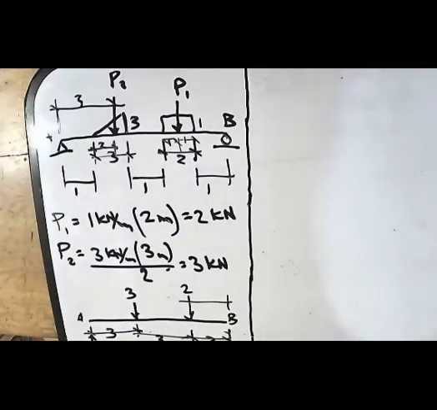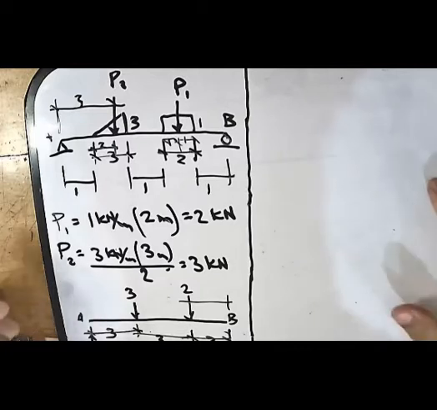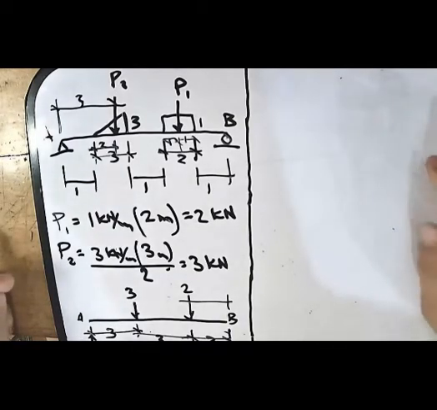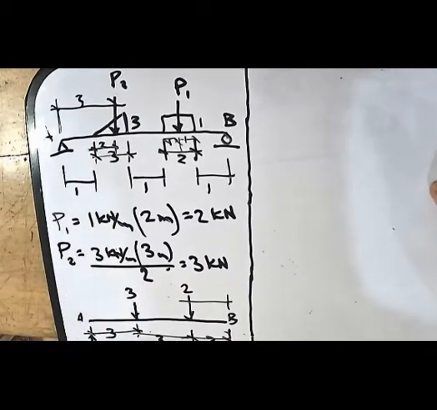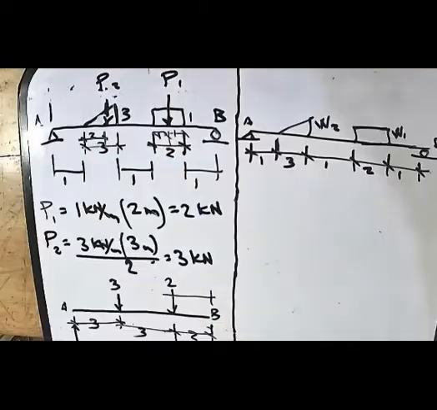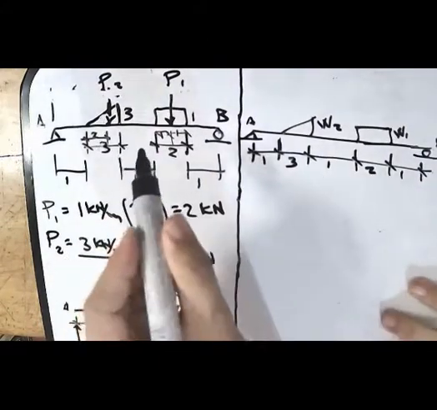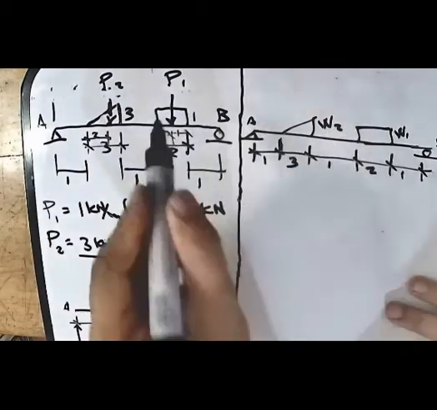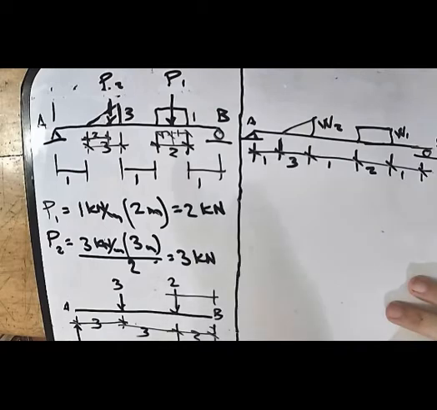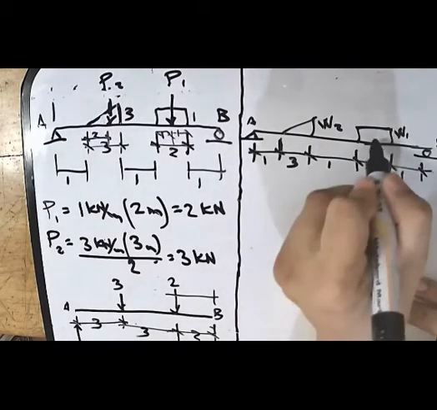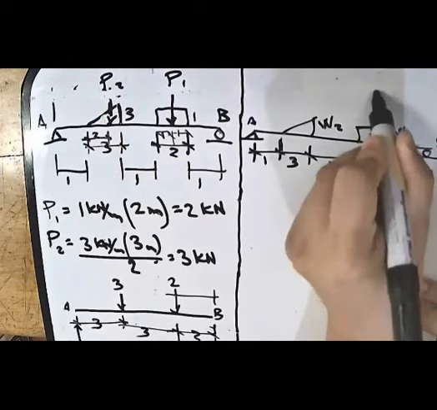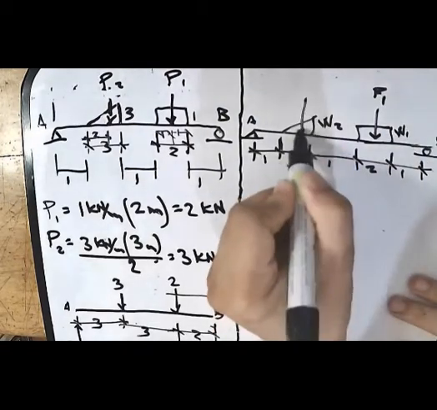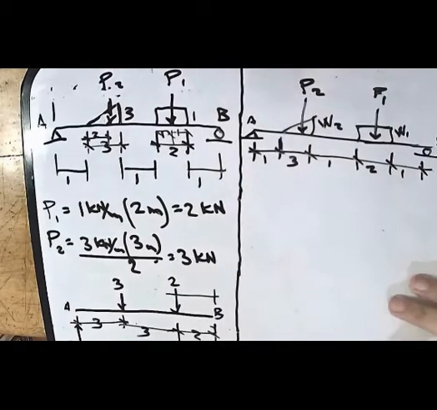Using the same problem, this time, we will solve it using letters. Let's take the weight of the triangular load as W2 and the uniform load as W1. And then by superposition, this is now equivalent to P1 and this is equivalent to P2.